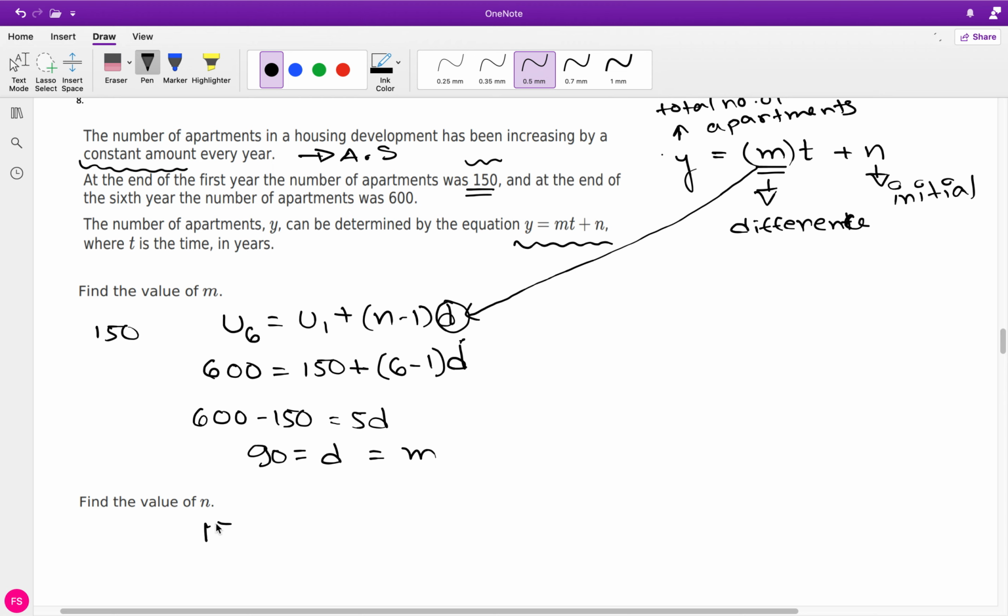So when it was 150, the difference I know is 90, times the number of years, because it's at the end of the first year, that means the time was 1, plus N. So if you solve this, you can easily get the initial number of apartments. So this is just going to be 150 minus 90 equals N, which is just 60. So my N is 60 and the M is 90.